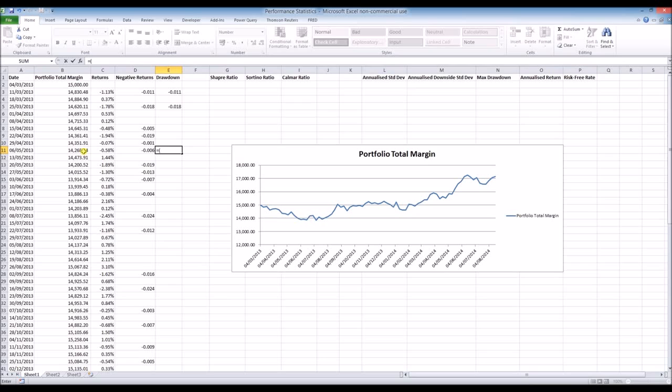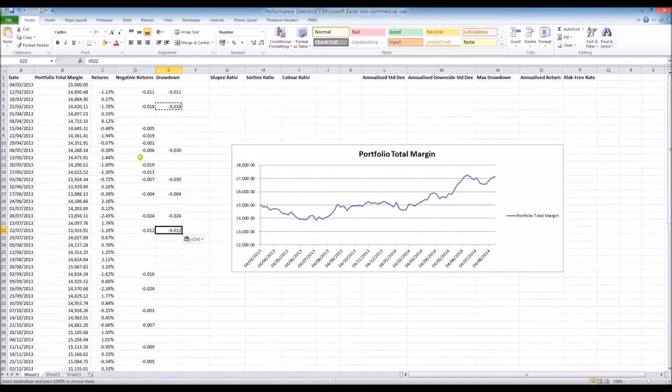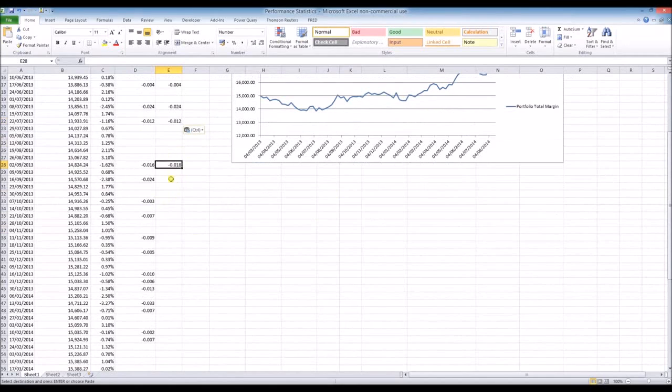We take the portfolio margin at the end of the consecutive negative returns minus the portfolio margin before, and then divide it by the portfolio margin before. We'll do that for all the ones with consecutive negative return months. For the ones that are on their own, you just extract the negative return for that period.